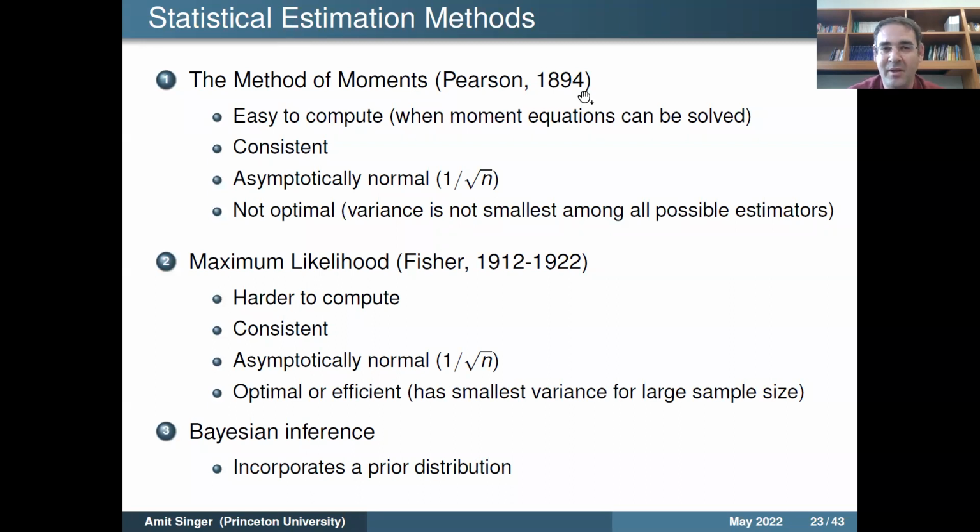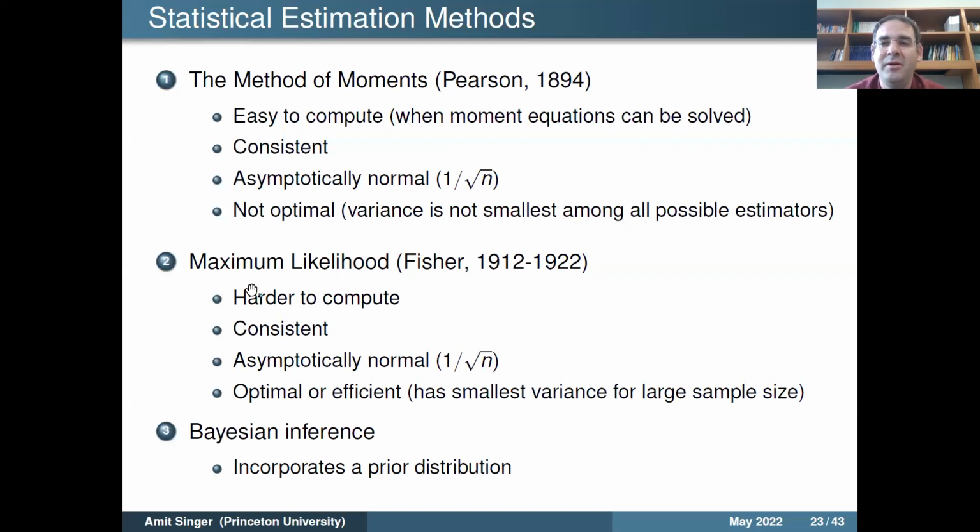It is a consistent estimator, again, in the limit that the number of samples goes to infinity. It's even asymptotically normal, so the error fluctuates like 1 over square root of n, but it is not optimal. There are other estimators, like the MLEs, that have a smaller variance error.